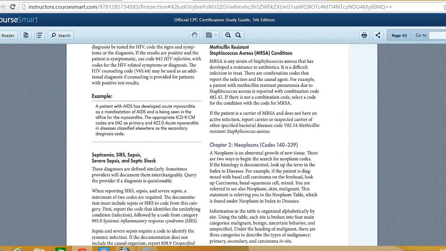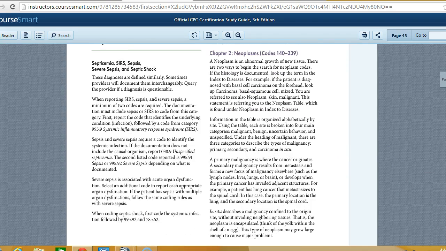But in chapter 2, we have your neoplasms. A neoplasm is a new growth. You can have a primary, benign, malignant, in situ, unspecified, and uncertain behavior. These are the tabs that are found in your neoplasm table. If you have a benign neoplasm, that means it is non-cancerous. But if you have a cancer and they've never been diagnosed with cancer before, that is a primary neoplasm.